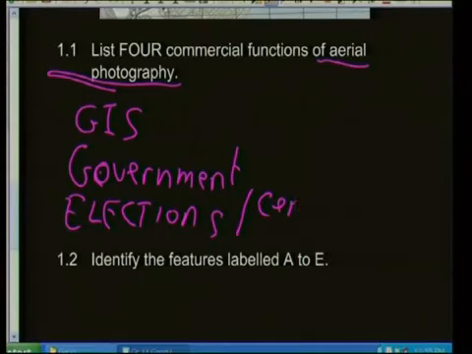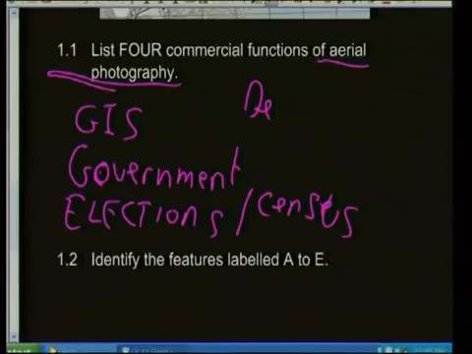And we can also look at census, when we're doing census, to find out how many people you're going to have moving around. You could also look at development, overall development.